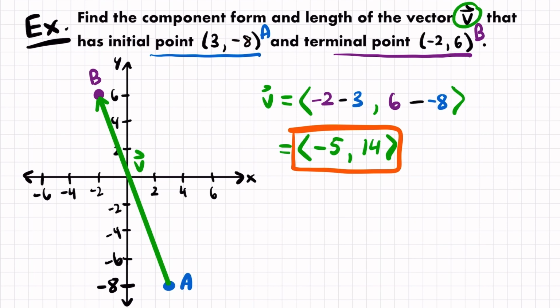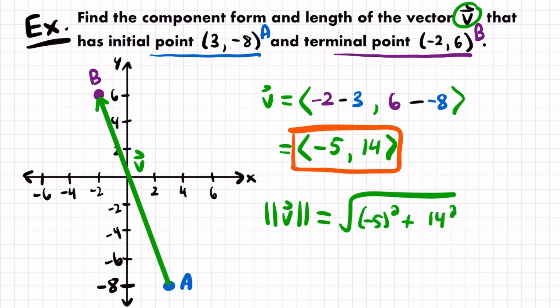Now what we want to do is find the length, or the magnitude. And that's going to be pretty easy now that we know the component form of vector v. The magnitude of vector v will be equal to the square root of the sum of the components squared. So we'll have -5 squared plus 14 squared.